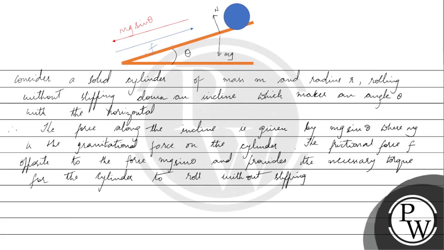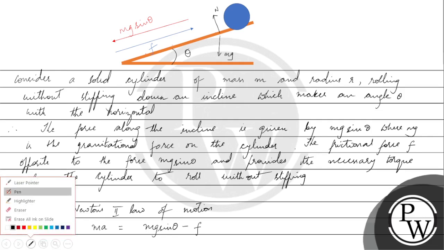तो हम न्यूटन सेकेंड लॉ के इक्वेशन से हम ये लिख सकते हैं कि from Newton's second law of motion, ma is equal to mg sine theta minus f.